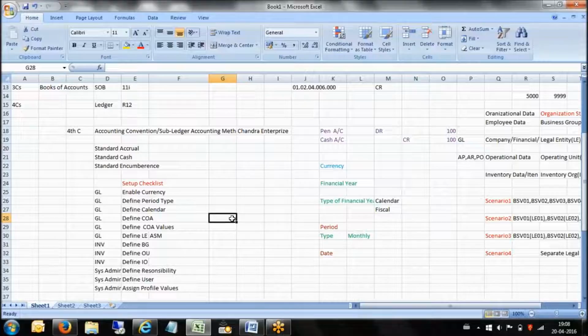You can enable any number of currencies independently, but one currency you can use with one ledger at a time. Correct. Now there are two things. One is that you want to report all your balances, functional currency balances, into a different currency, or you are saying that you are running in one functional currency, but your supplier is paying you in a different currency.